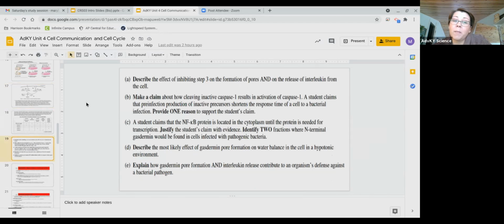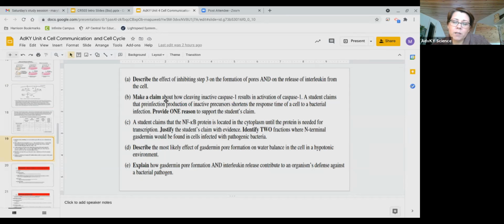So B is asking you to make a claim about how cleaving inactive caspase-1 results in activation of it. And then a student claims that pre-infection production of inactive precursors shortens the response time of a cell to a bacterial infection. Provide one reason to support that claim.